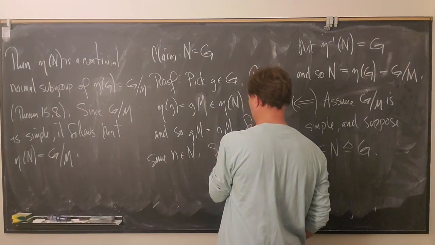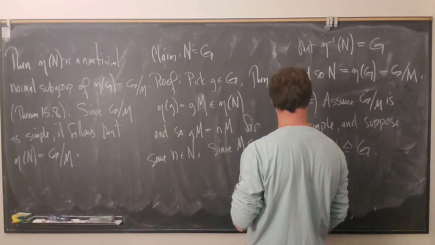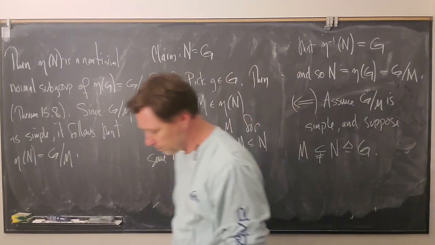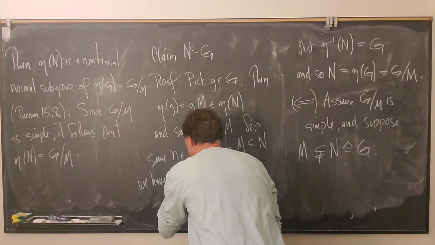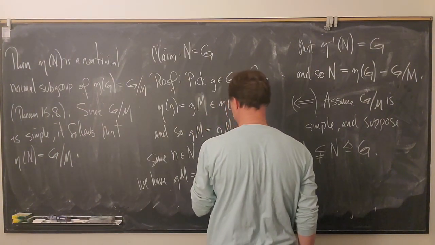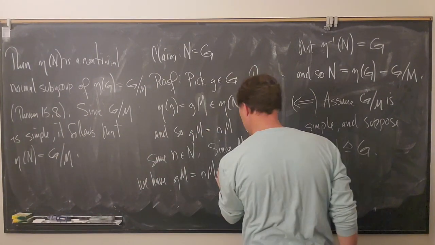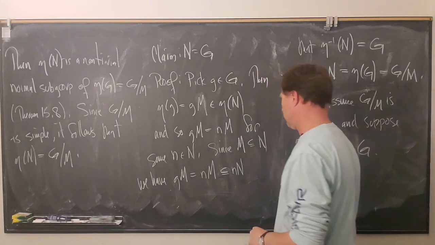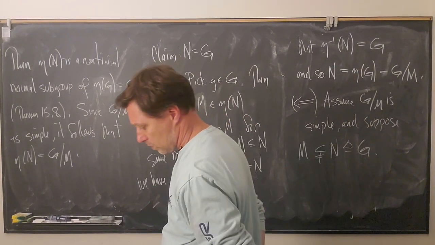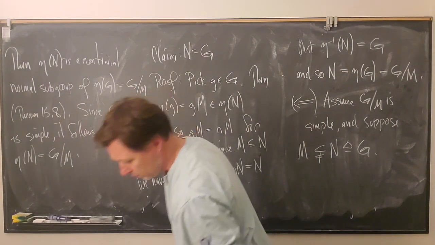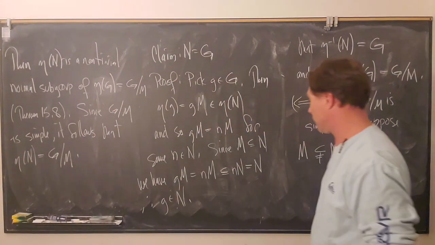Now, since M is contained in capital N, we have gM, that's equal to nM, which is contained in N, which is equal to capital N. Therefore, little g is an element of capital N, and that's what we needed.